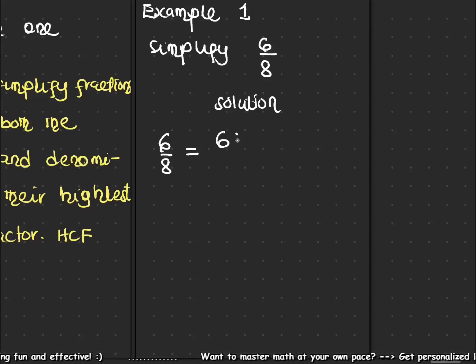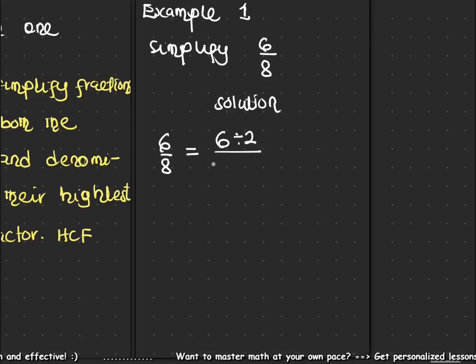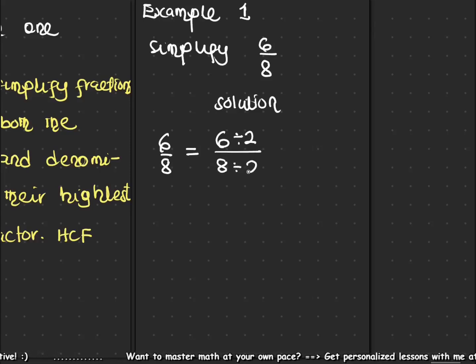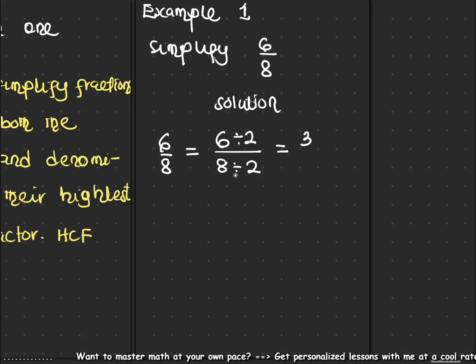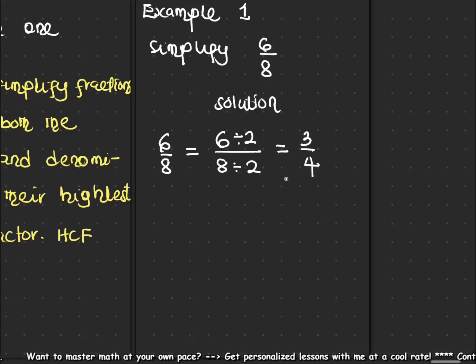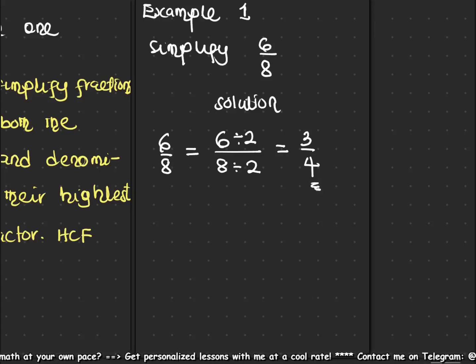So we divide 6 by 2 and also divide 8 by 2. 6 divided by 2 gives us 3, whilst 8 divided by 2 gives us 4. Now we check if there is any way we can keep on simplifying. If there is no way, then that is its simplest form. So simplifying 6 over 8, we get 3 over 4. As simple as that.